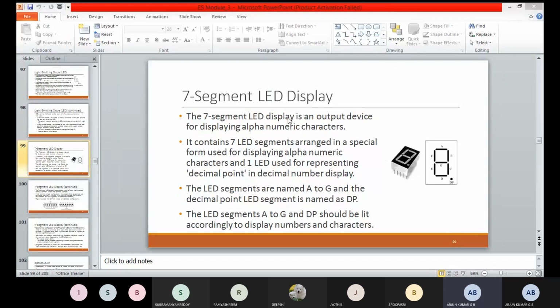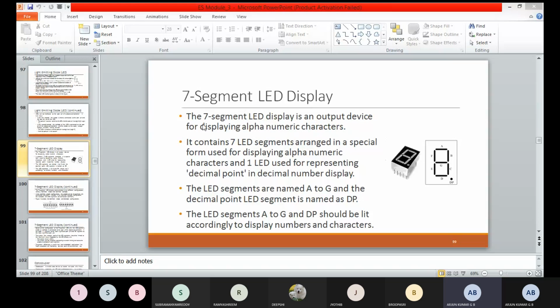Based on your programming, it displays numeric or alphabetical characters. That's alphanumerical characters. They will display both numbers as well as alphabets.